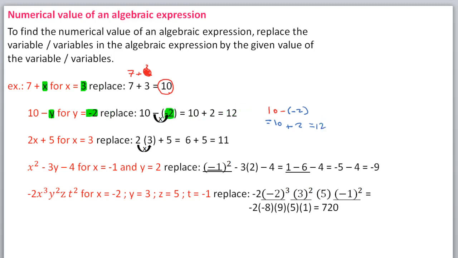Done? Okay, the next one, 2x plus 5 for x equal 3. So what you need to do here is to remove this x and write bracket 3. So when you want to replace or to substitute, okay, you need to replace x by the number and with brackets.